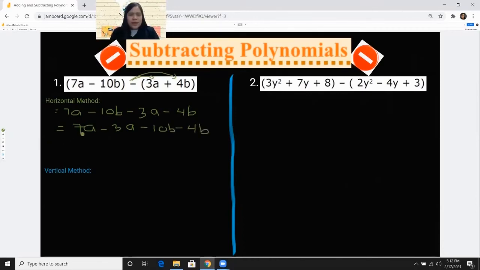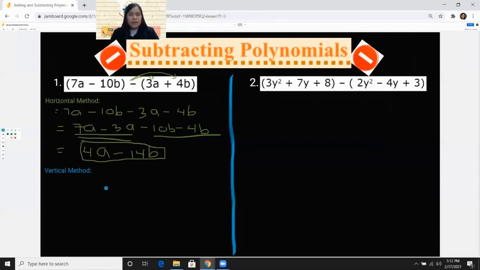Now we can combine like terms, the first group, which is a, and then the second group, which is b and b. So 7a minus 3a, we will have 4a. And then negative 10 minus 4, it's still a negative, then we're just adding them, which is 14b. So there you go. That is how we subtract polynomials, which is 4a minus 14b.